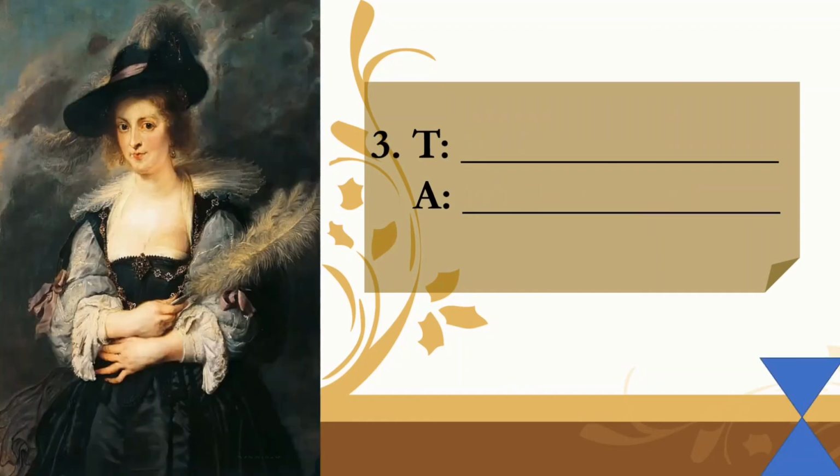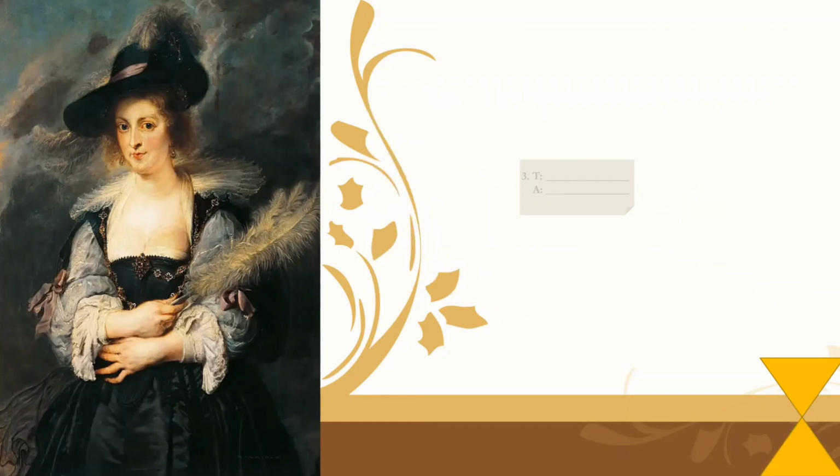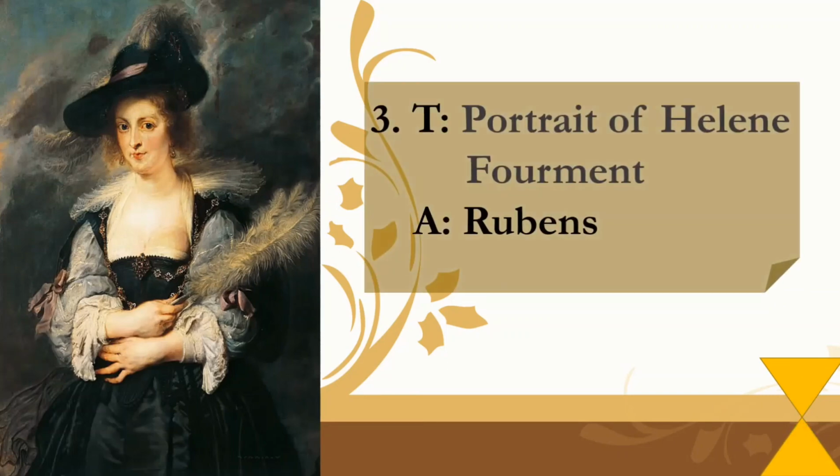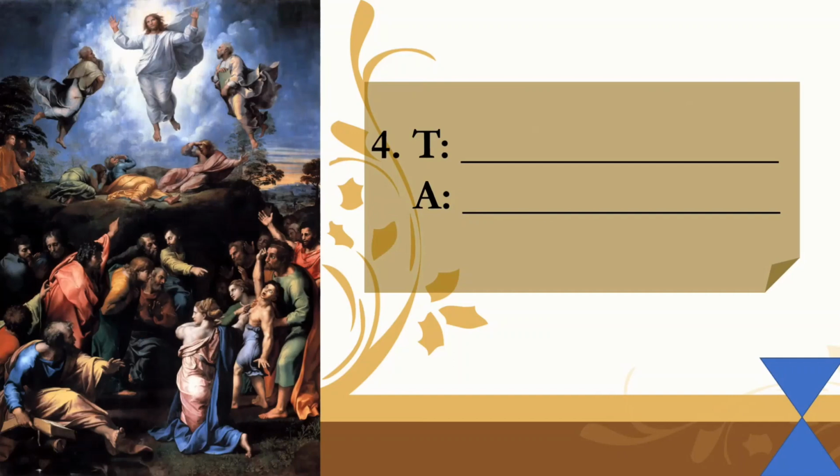3. What is the title of this artwork and who made this artwork? That's right! This is the portrait of Helene Forment, painted by Rubens. 4. What is the title of this artwork and who made this artwork?